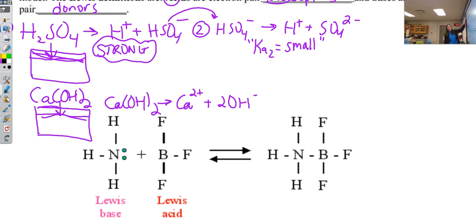Okay, so that was it for that. And so you can see here where this base has an extra pair of electrons, and it's going to donate. And so when they come together, it's actually donating the pair to the two of them. And so now they're coming together, and that will be called a Lewis acid-base pair. Again, they got rid of it.